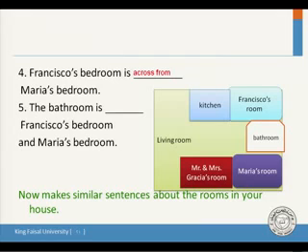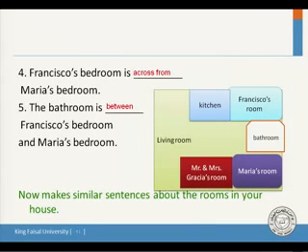Across from. The last sentence. The bathroom is blank Francisco's bedroom and Maria's bedroom. We have 3 rooms here. So, the bathroom is between Francisco's bedroom and Maria's bedroom.